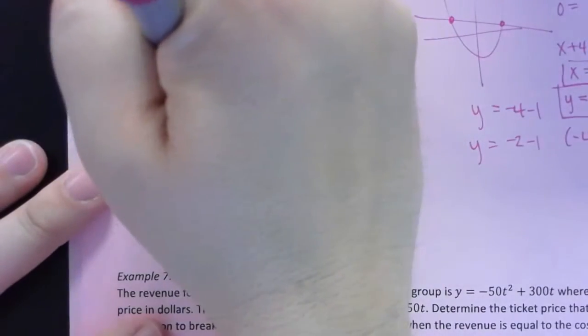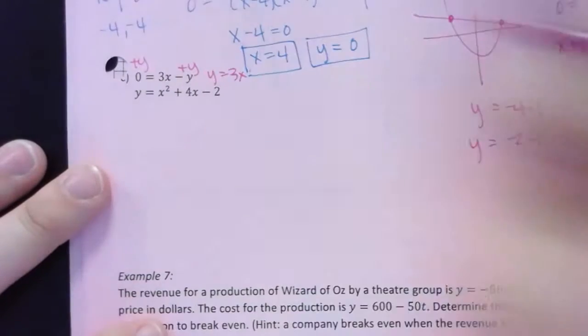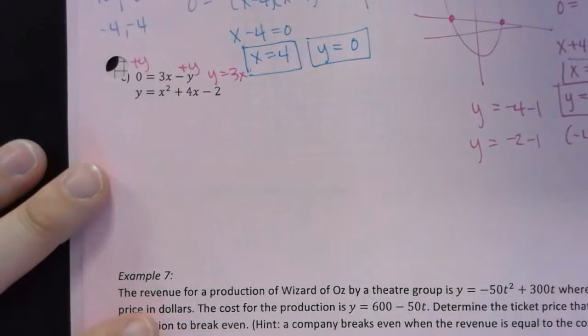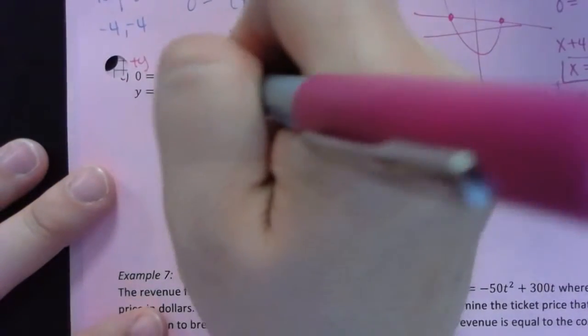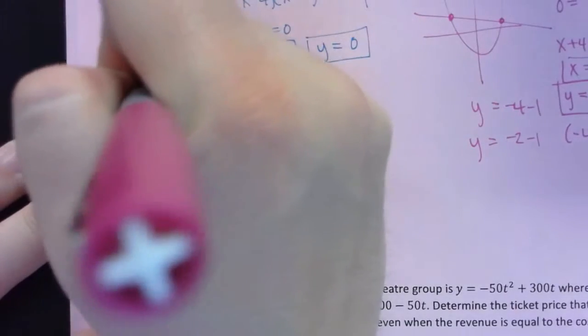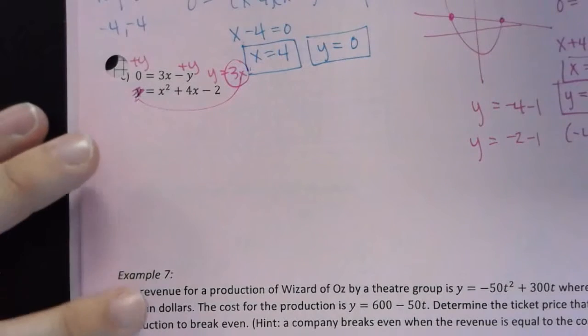So this one right here, if we add y, we'd have y equals 3x, right? So we're taking that minus y and we're bringing it over here basically. And then I can take that 3x and plug it in right here. And then we have to bring it back, but I think this would be easier.